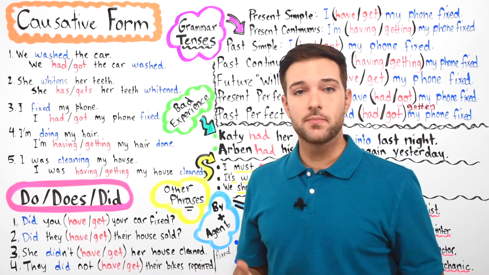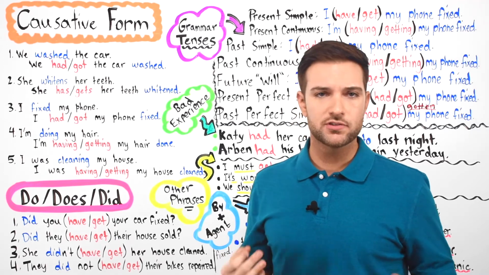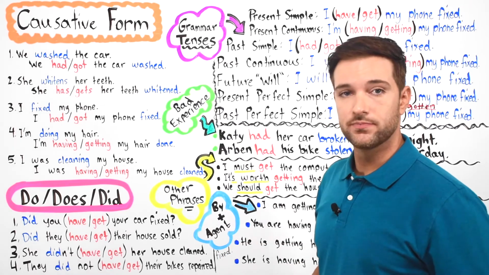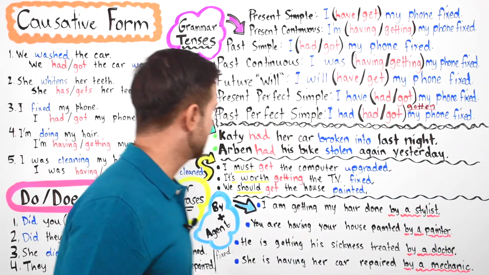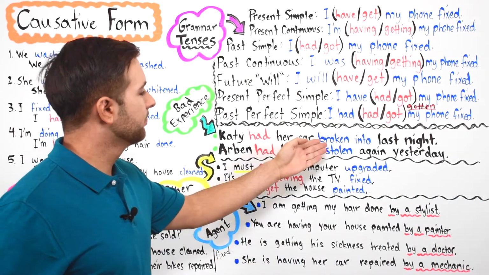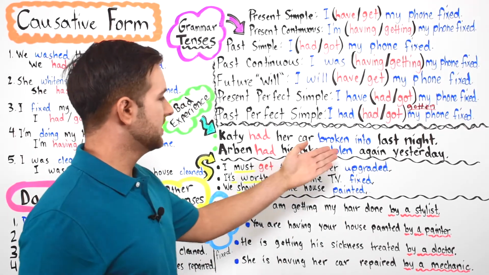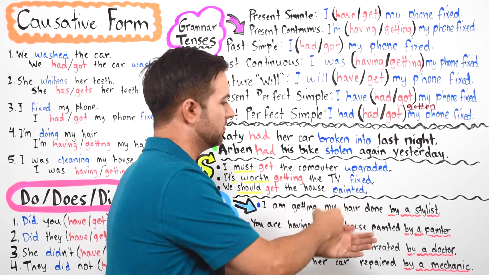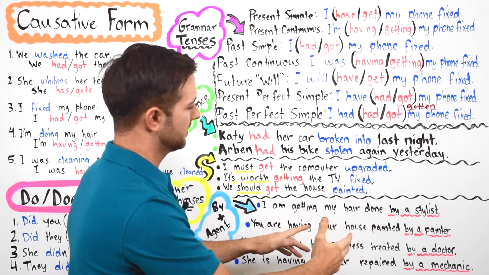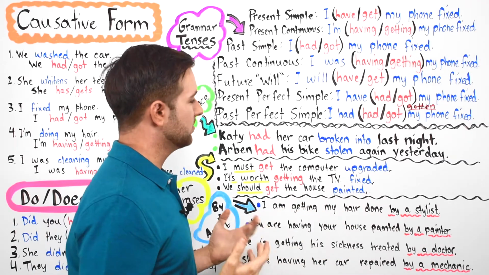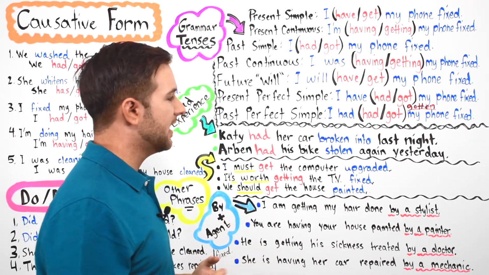Also, it's common for Americans to use the causative form whenever someone has gone through an unpleasant or a bad experience. Okay, so you can say it like this. Katie had her car broken into last night. You know what broken into means? Somebody goes in, breaks the window, and they take the money, the purse, the CDs, whatever you have in the car.